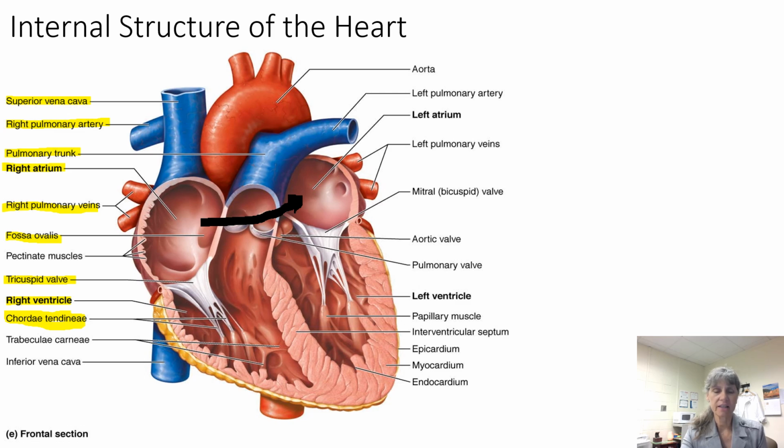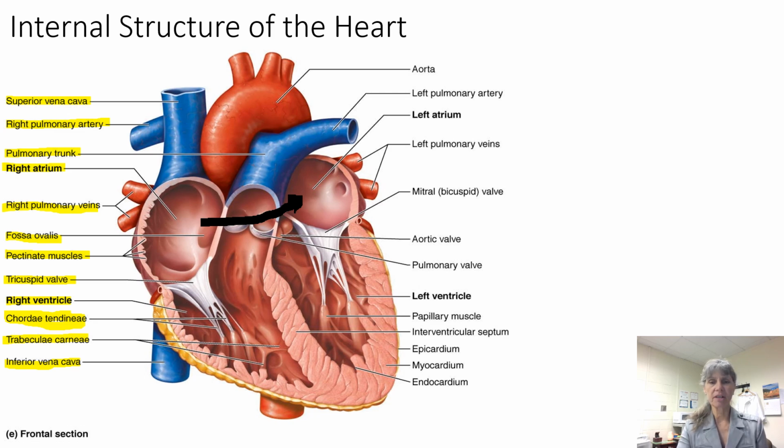And then there's a trabecular pattern or a lace-like pattern inside the wall of the ventricles called the trabeculae carneae. And then finally we have the inferior vena cava down below at the bottom. I didn't go over the pectinate muscles because you can't see them very well here on the right atrium, but they are comb-like in appearance, and they're towards the anterior wall of the right atrium.